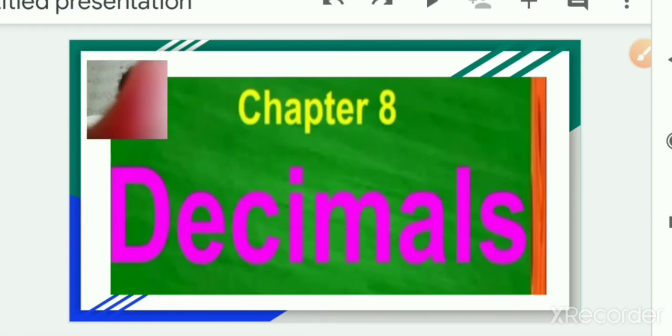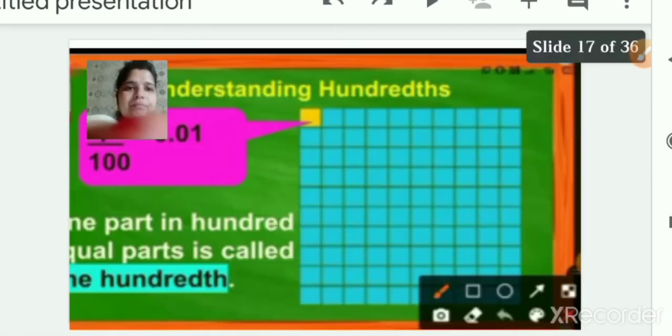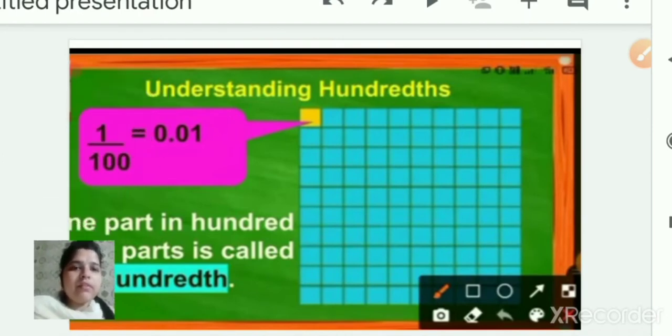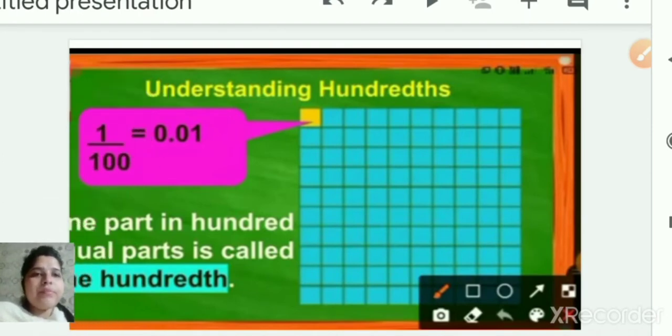Okay, so let's have a look at what we are going to discuss today. Yes, this is the first one which we are going to have. What is given here? Understanding hundredths.